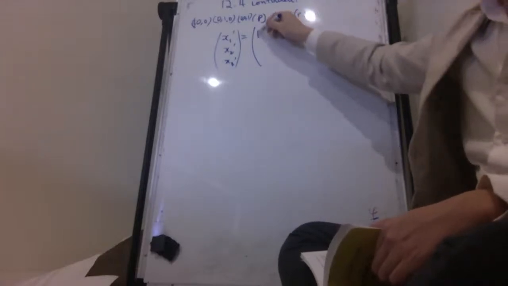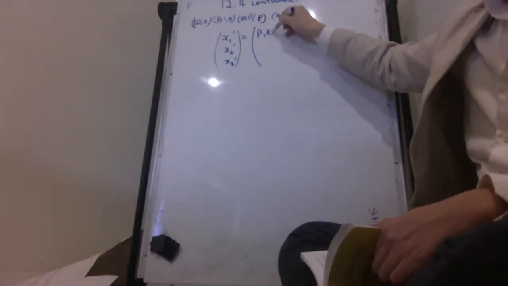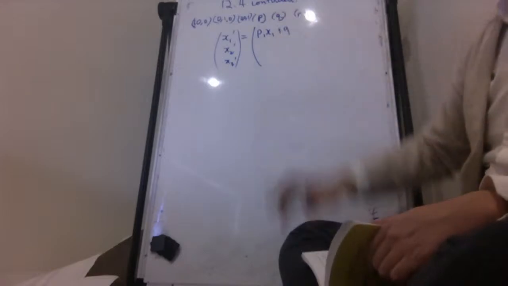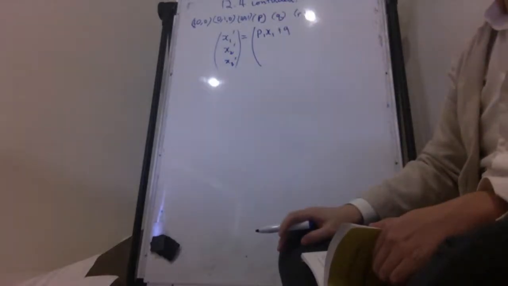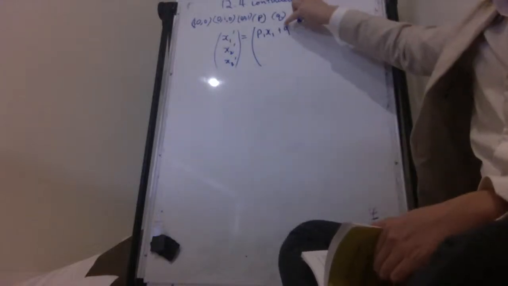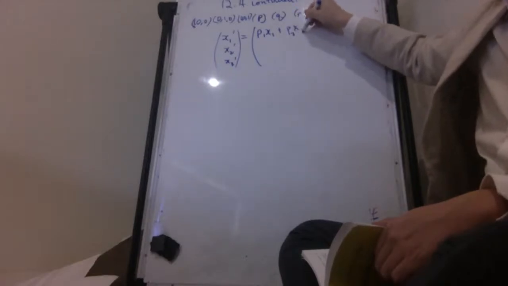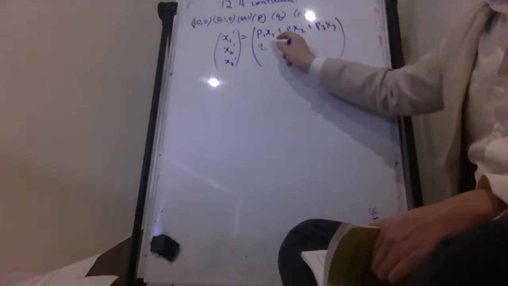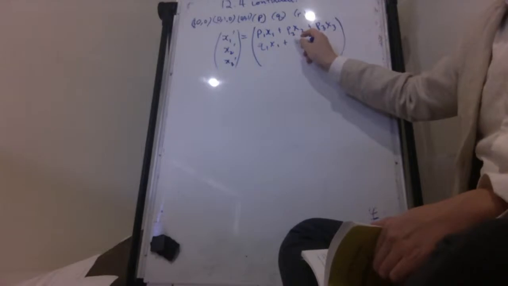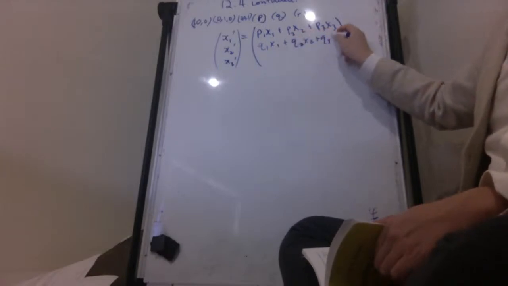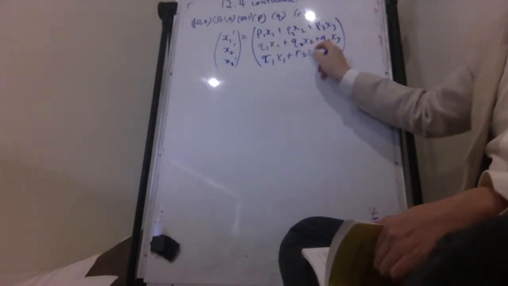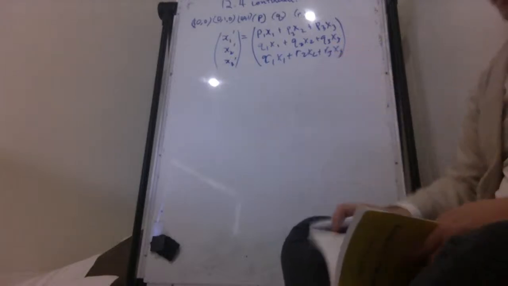And then this was p1 x1 plus p2 x2 plus p3 x3, and so on, then q1 x1 plus q2 x2 plus q3 x3, and then r1 x1 plus r2 x2 plus r3 x3.